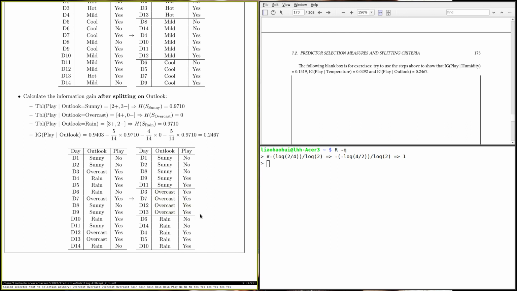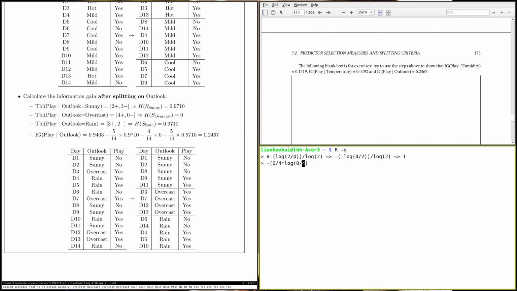So why is this thing special? When you calculate the entropy, you have to be very careful because it involves this thing. For overcast, when you calculate the entropy, you have something like this: negative, there's no no, right? So it's 0 over 4 times log of 0 over 4.